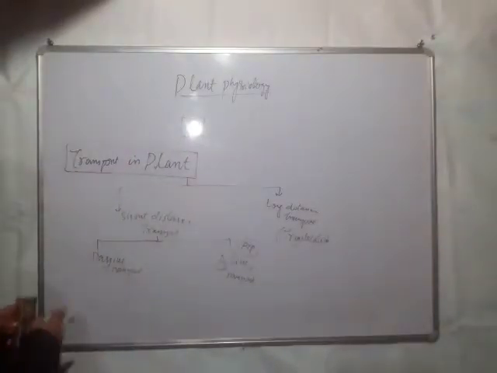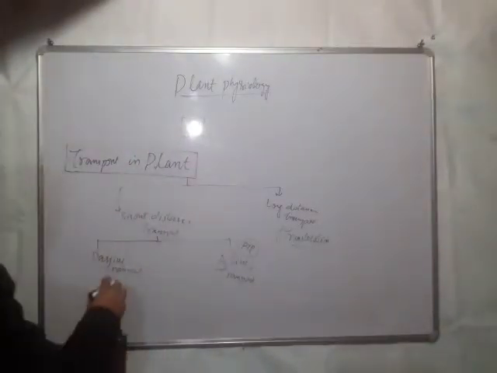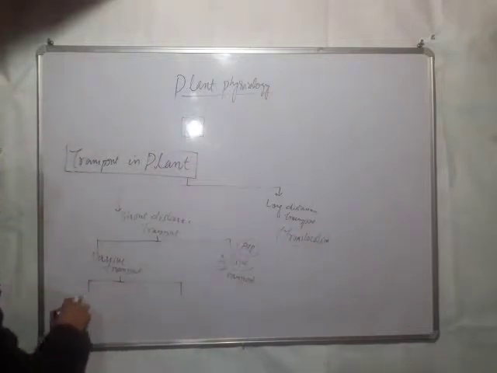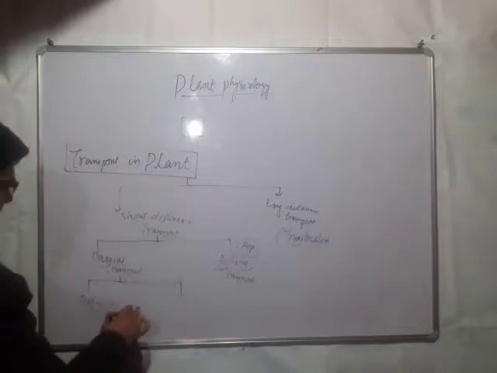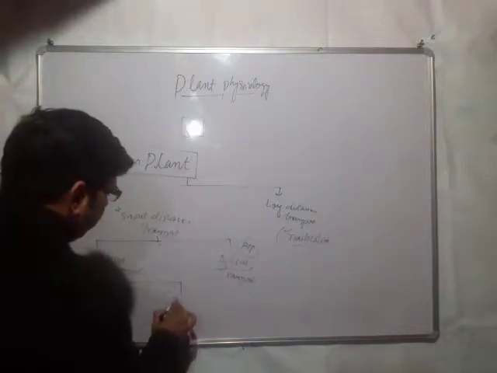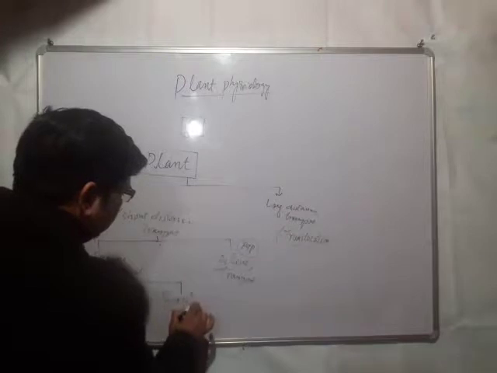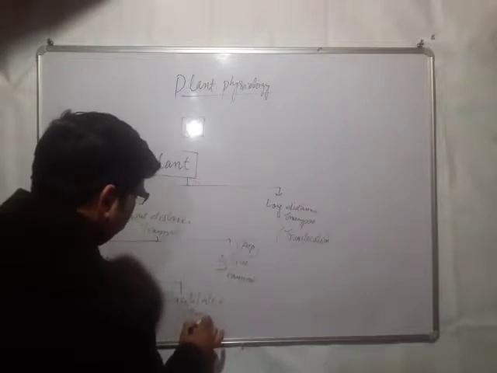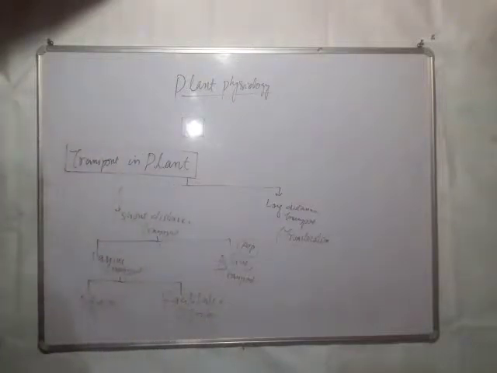Now passive transport is of two further types. The first is called diffusion. The second is called facilitated diffusion. Here the diffusion occurs only through facilitation.